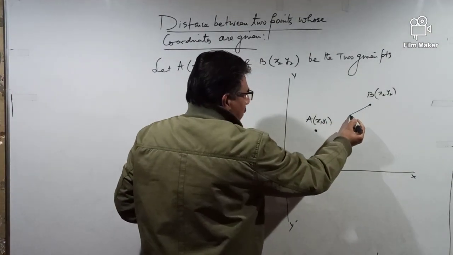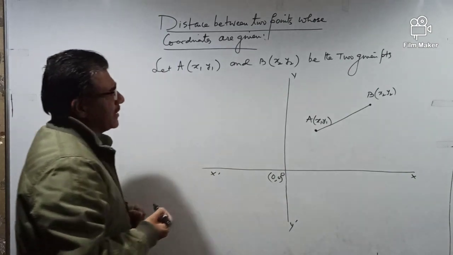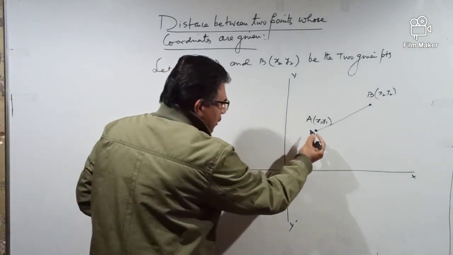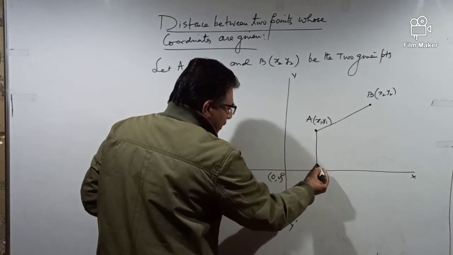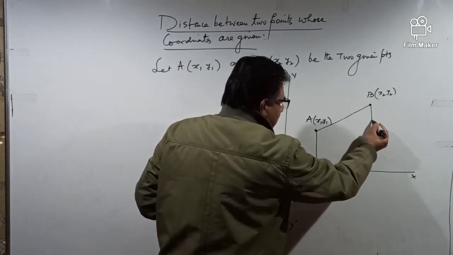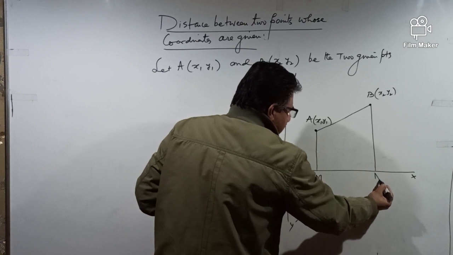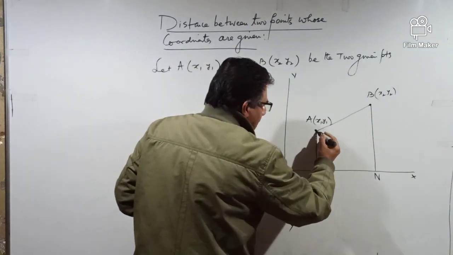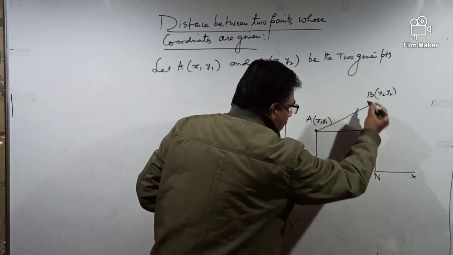Once you join these 2 points, we'll get a straight line. What you do, you draw a perpendicular like this, AM, and you draw another perpendicular, say BN. And also you draw another perpendicular, say AS on BN.